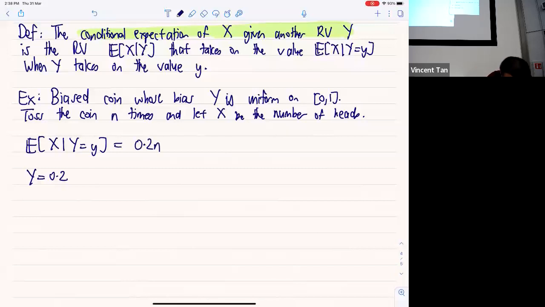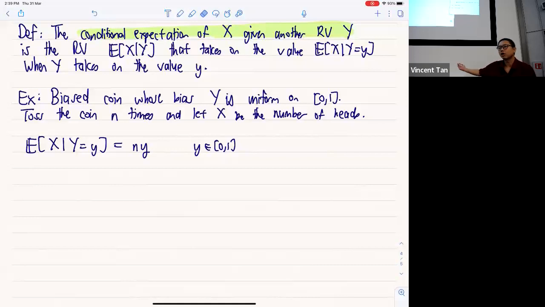But more generally, all right, do you agree that this is n times y? Here, y is a number in 0, 1. So for every little y, say 0.2, the conditional expectation of x conditioned on the event is y times n.